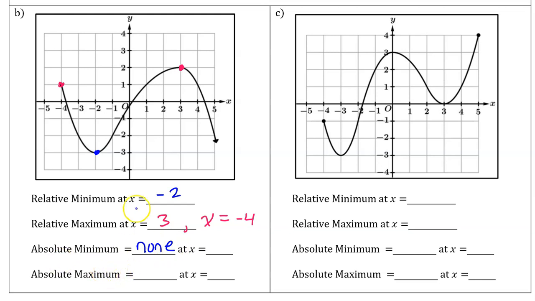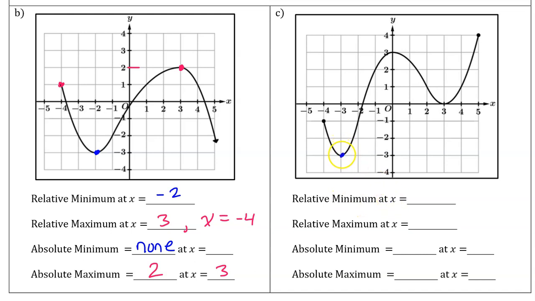For absolute max, this relative max is also the absolute max. So we're going to say we have an absolute max of, and you say the y value now, so absolute max is 2 at x equals 3. Move your eyes over to part C, looking for relative minima.